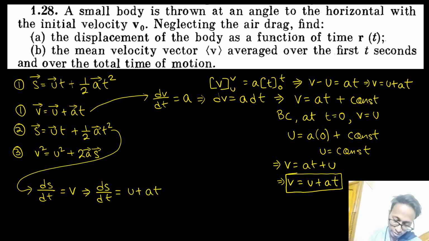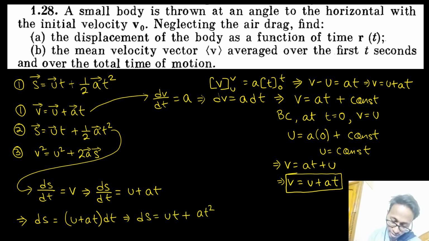If we integrate this, we get ds is equal to u plus at into dt, or s is equal to ut plus at square by 2 plus some constant.